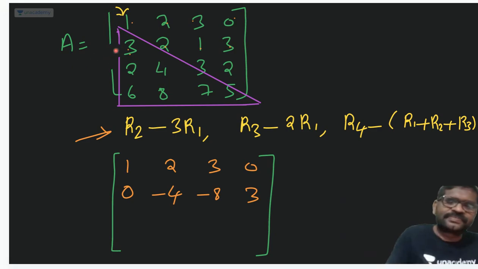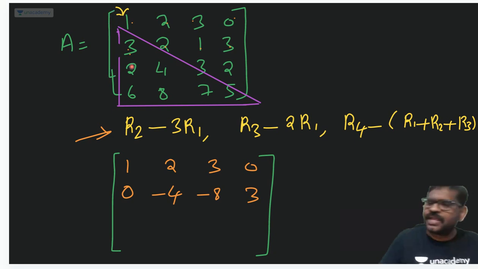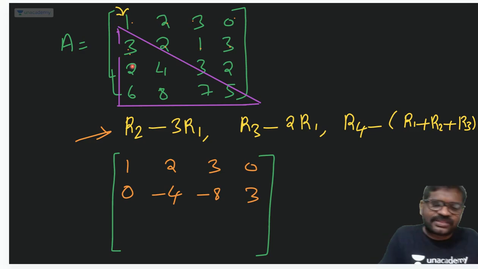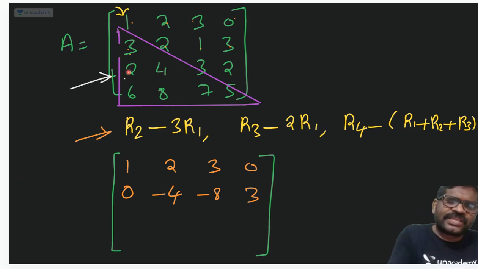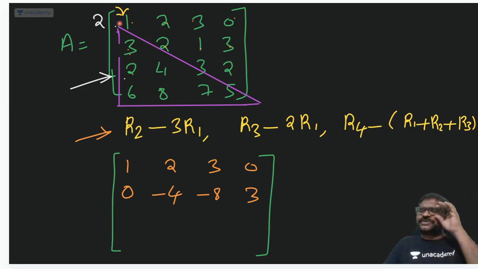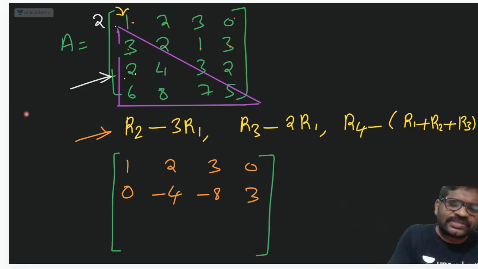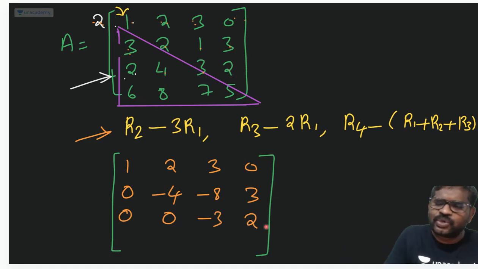Next. R3 minus 2 times R1. This is R3. This is 2 times R1. Now observe. 2 minus 2, 0. 4 minus 4, 0. 3 minus 6, minus 3. 2 minus 0, 2.